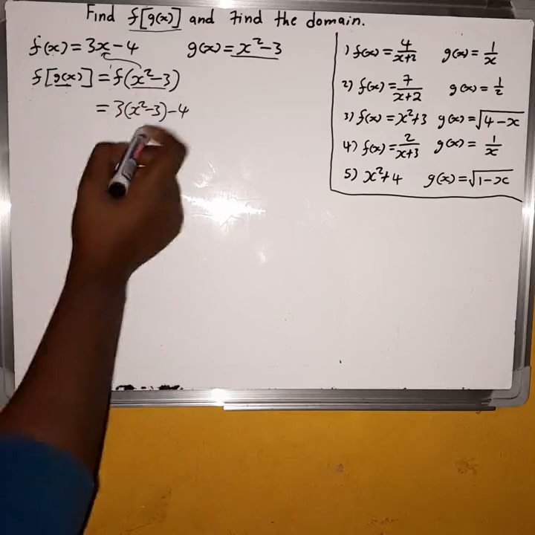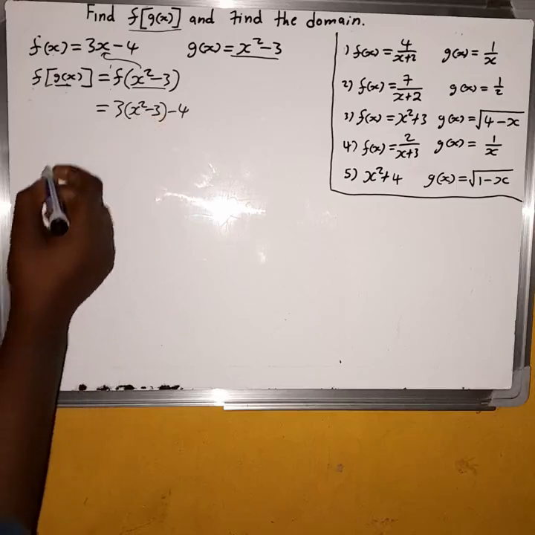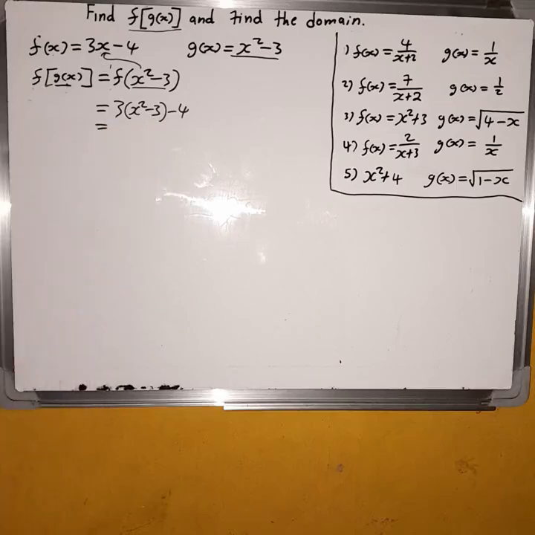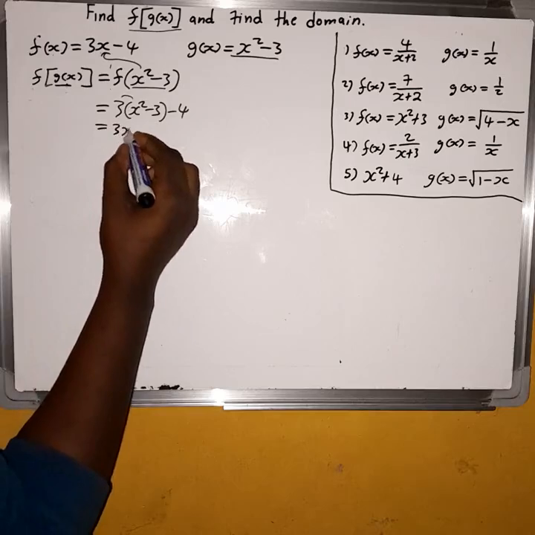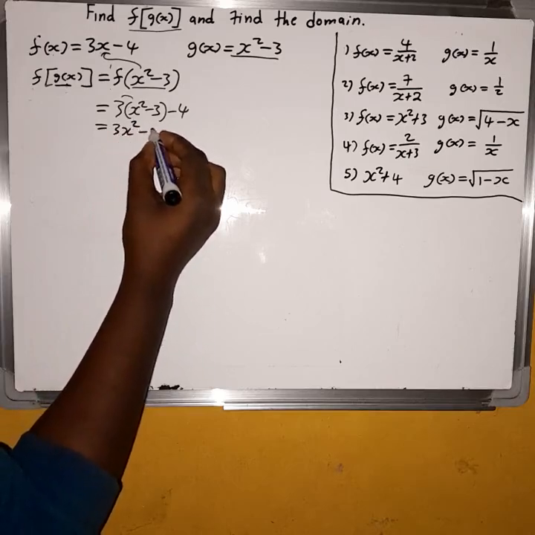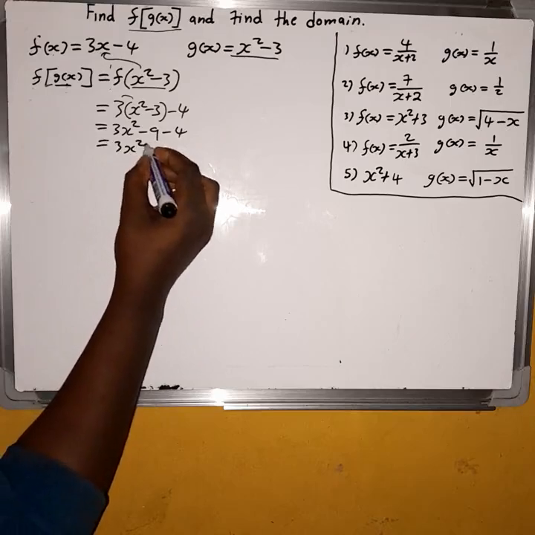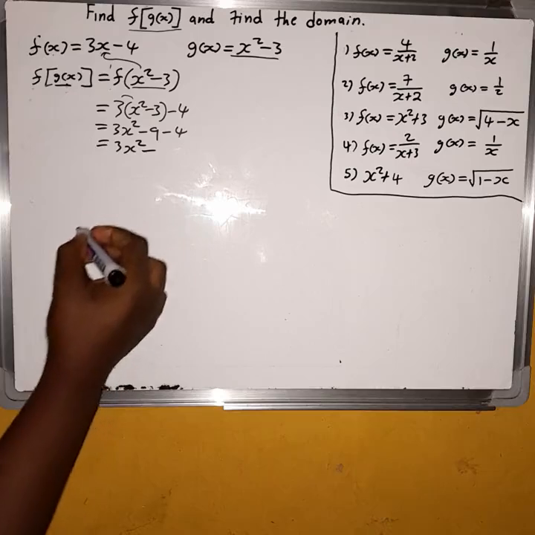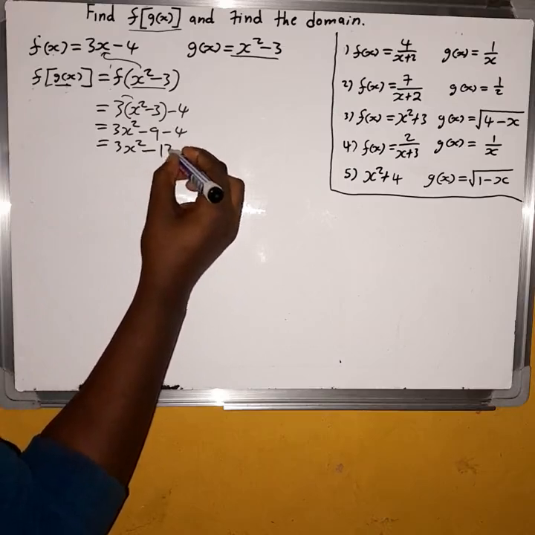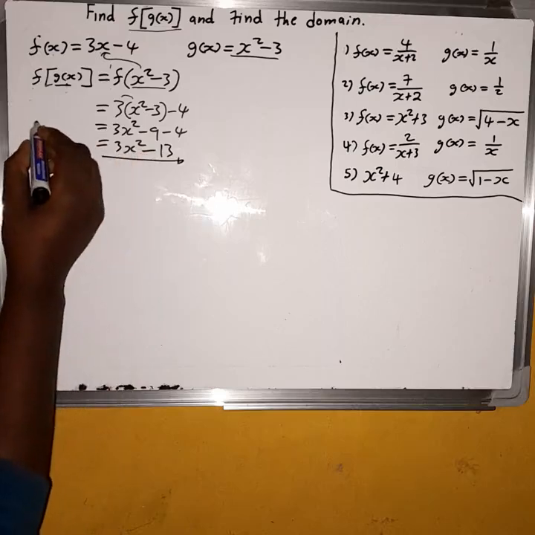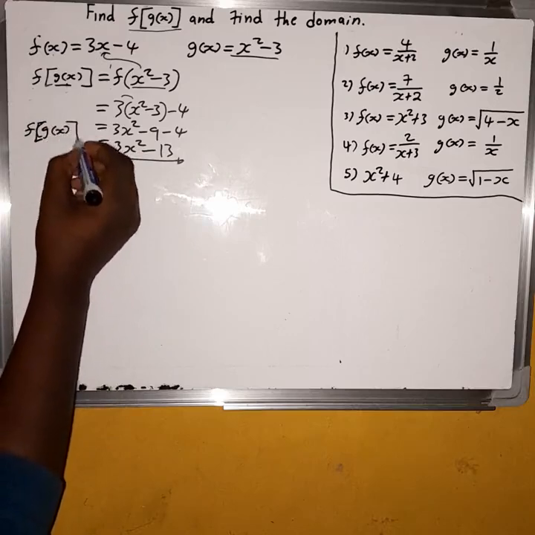You apply your math, and this will be equal to 3x squared minus 9 minus 4. This will be equal to 3x squared minus 13. This is f of g of x.